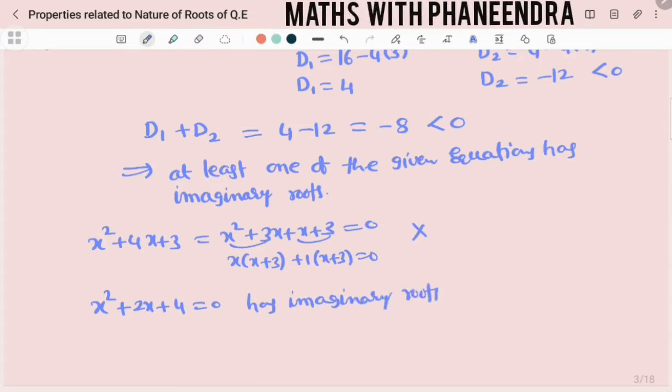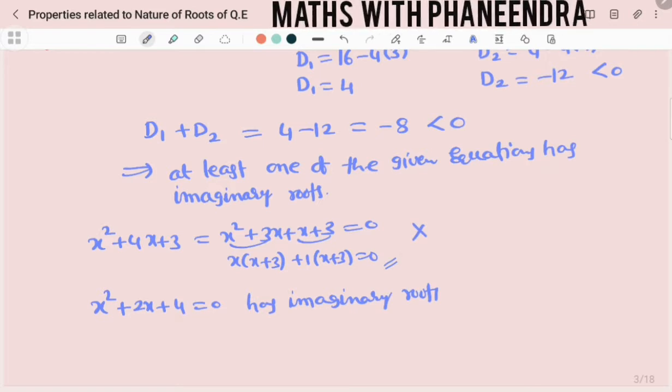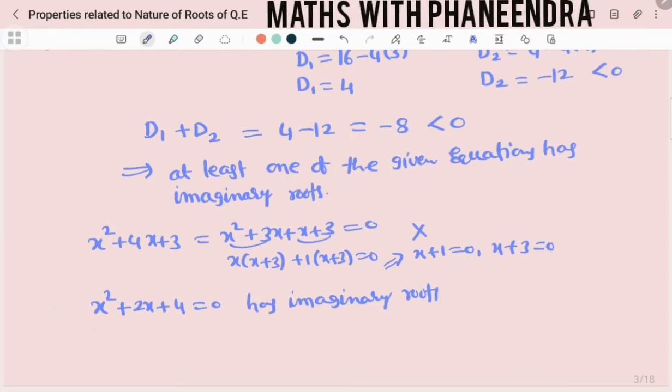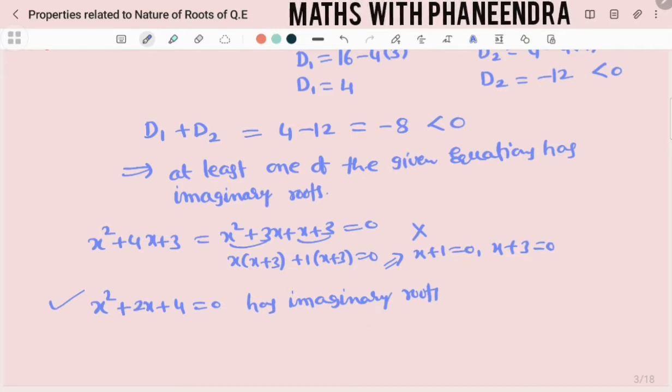The equation becomes x plus 1 equal to 0 and x plus 3 equal to 0. These roots are not imaginary. So obviously x square plus 2x plus 4 equal to 0 is the equation that has imaginary roots.